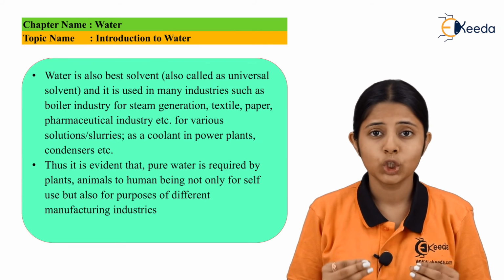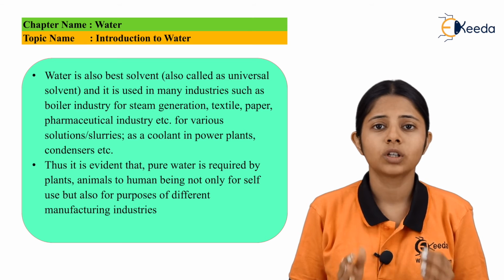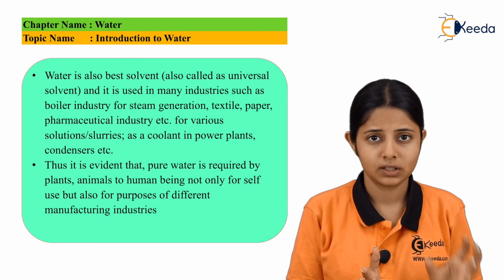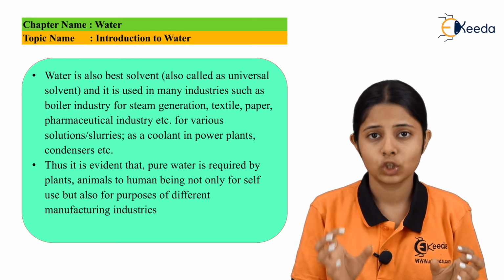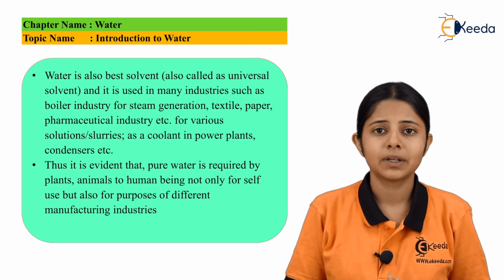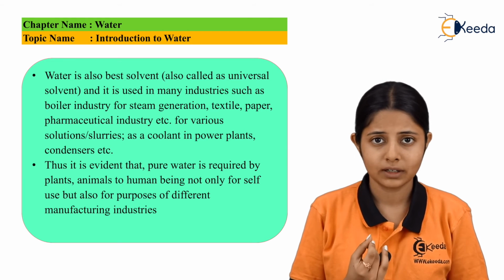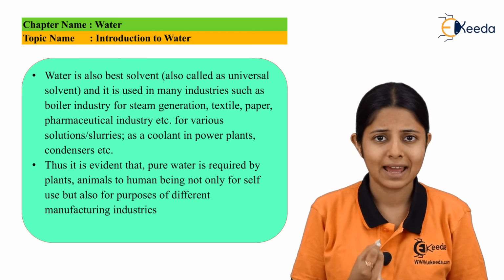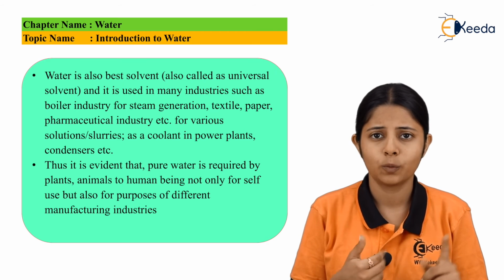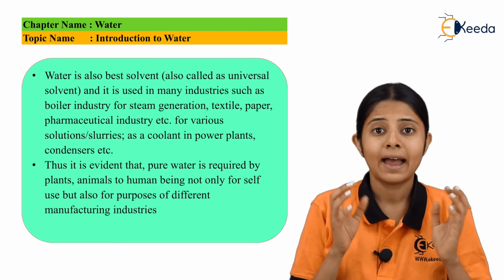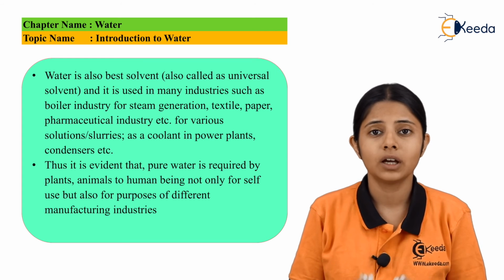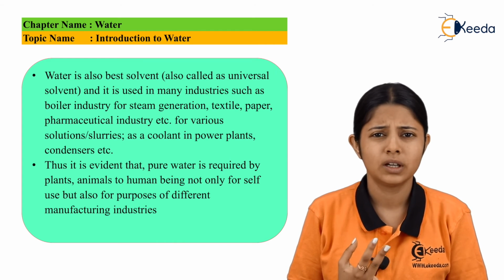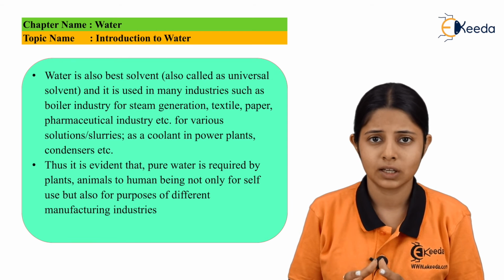Thus, the utility of water is not only reserved for the living system, but also for manufacturing units and machines. That means water is used by living organisms such as human beings, animals, plants, microbes, insects, everything, as well as for many other manufacturing units, industries, machine works, etc.